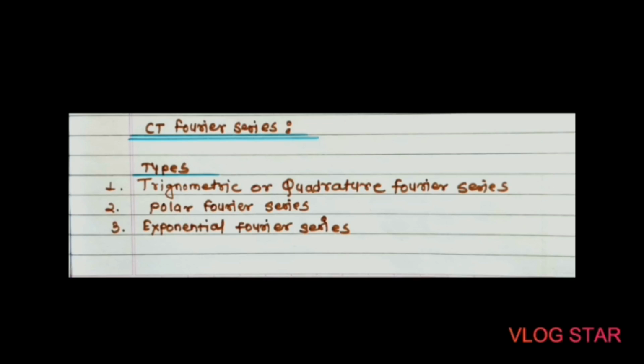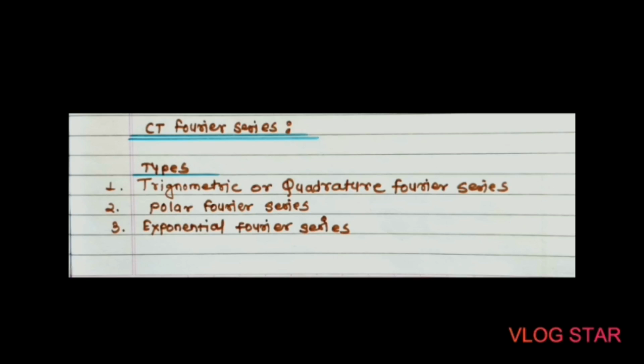So the Fourier series is a tool which is used to analyze any periodic signal. After the analysis, we obtain the following information about the signal. First, what frequency components are present in the signal. Second, their amplitudes. And third, the relative phase difference between these frequency components.